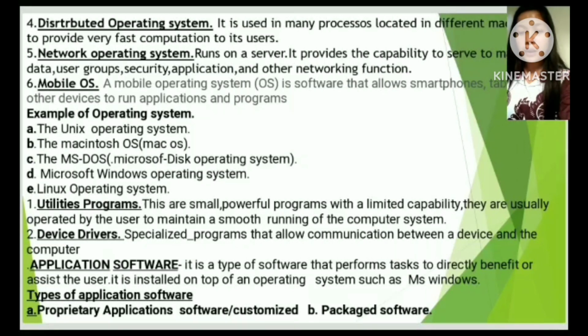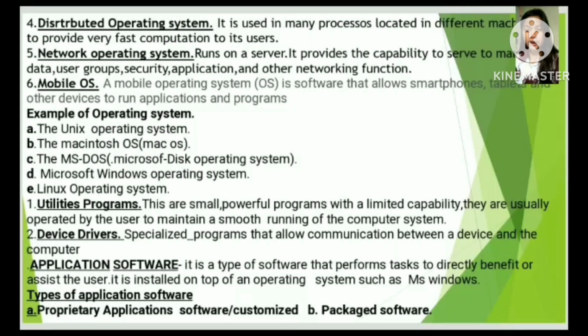A mobile OS is software that allows smartphones, tablets, and other devices to run applications and programs. It provides an interface between the device's hardware components and its software functions.